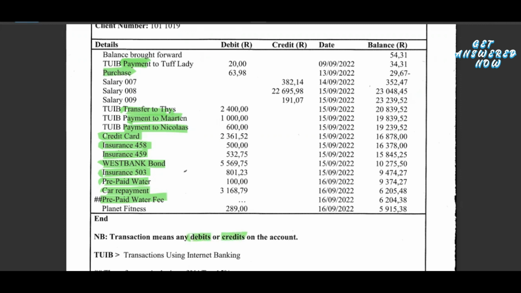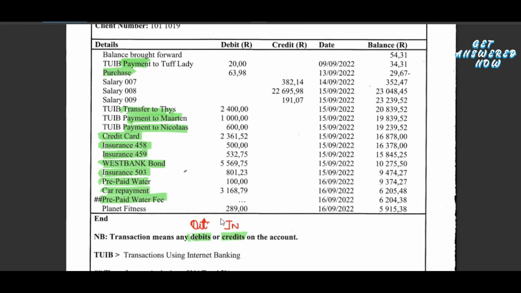So simply meaning any amount of money that goes out, or the money that comes in.